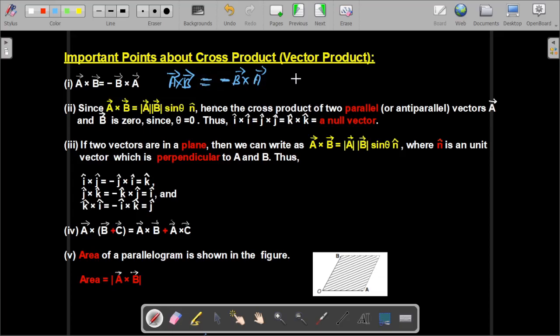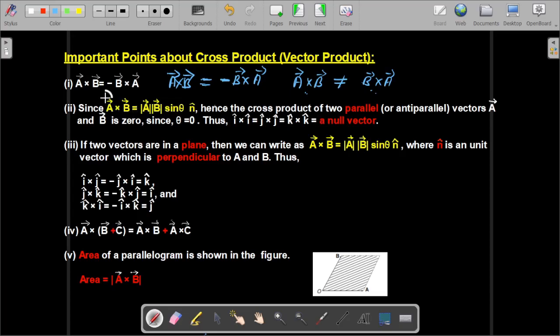Otherwise A cross B is not equal to B cross A, because this is opposite to this. If you put a minus sign, then they will be equal to each other. Understood?